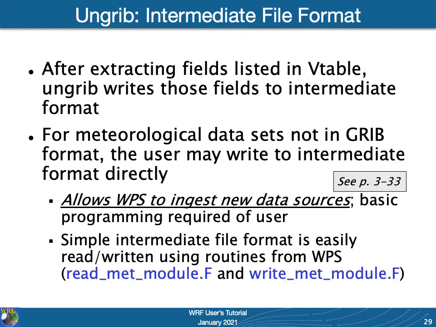And along with the WPS, we also distribute 2 Fortran modules called ReadMet module and WriteMet module that can serve as examples of code that can be used to read and write these intermediate files. So essentially, if you have meteorological data that are not in Grib format, you'll need to process that data and write it yourself into the intermediate file format that the rest of the WPS can use.